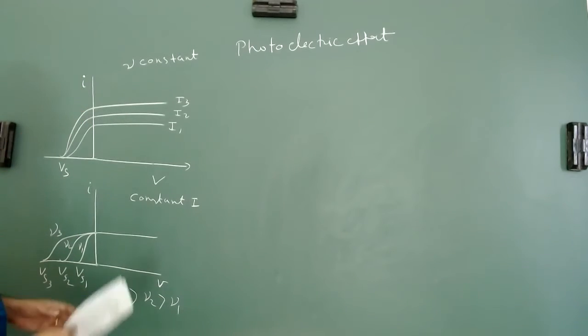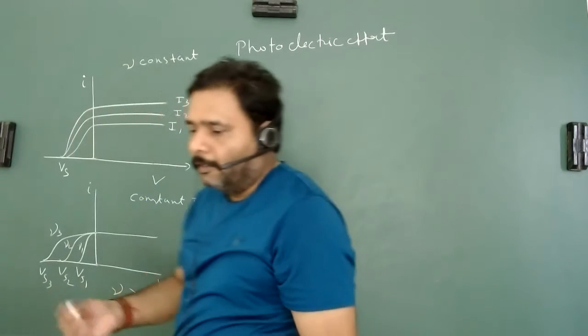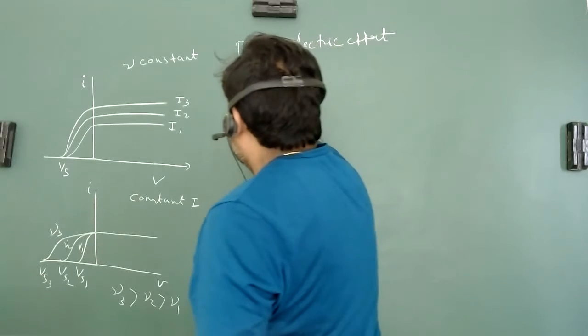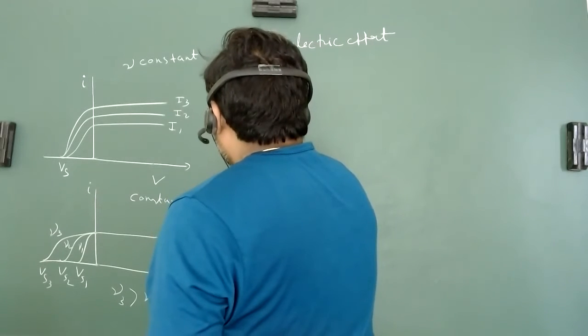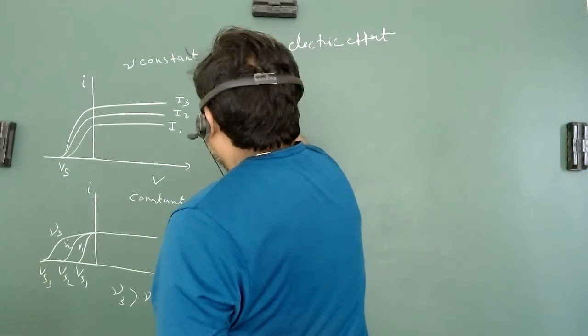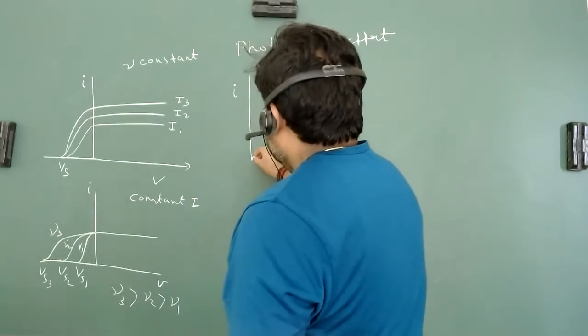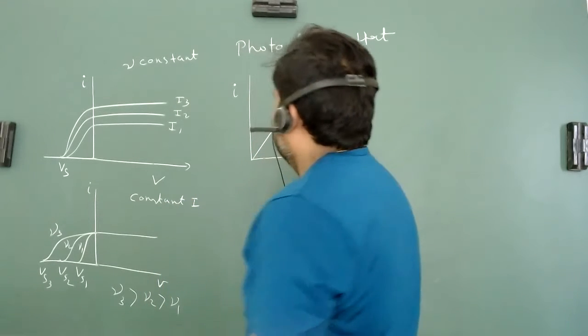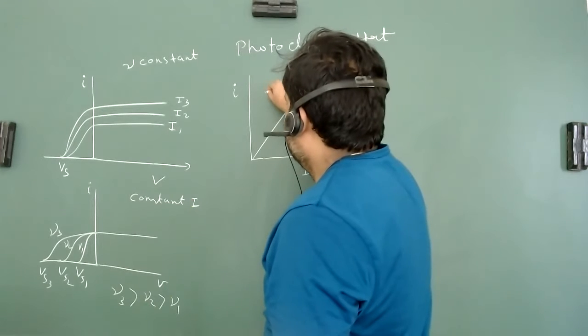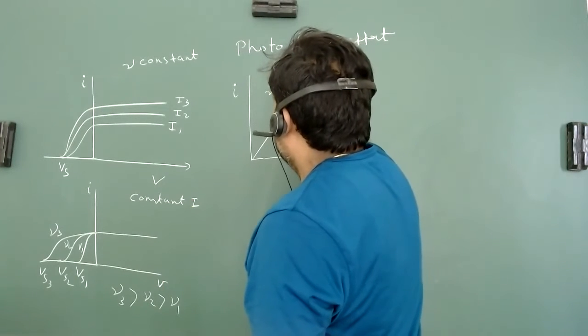And from this curve we can see that if I change the intensity, then the photocurrent is also changing. So we can also have one more curve, and this curve is very interesting. That will be photocurrent versus intensity, and we have seen that this will be approximately a straight line, and this will be for nu greater than nu naught.